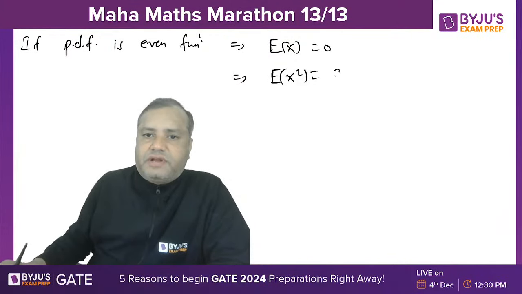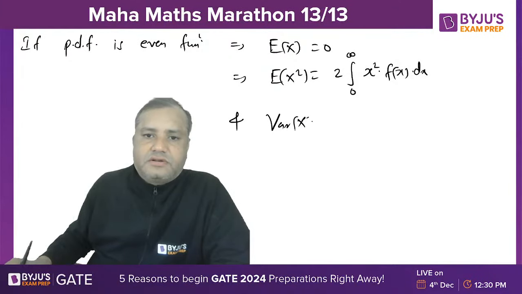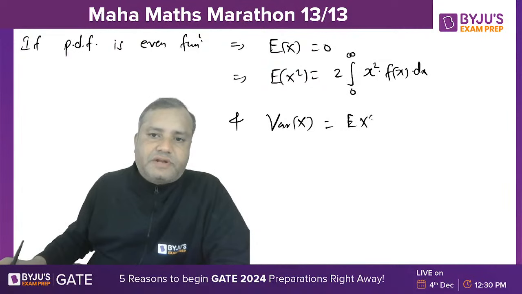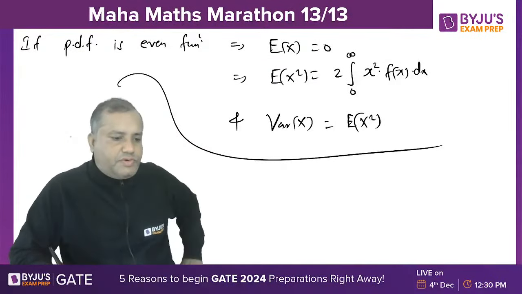Expectation of x square will be 2 times the integral from 0 to infinity of x square f of x dx, and variance of x will be directly equal to expectation x square. This you need to remember.